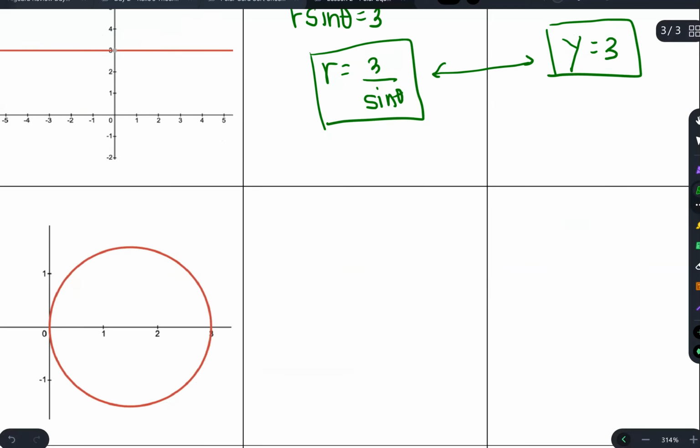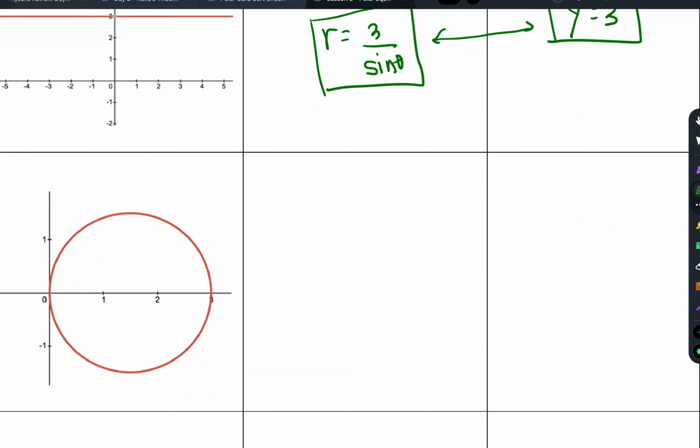Alrighty. So let's take a second and look at this one. So it looks like the center is going to be at 3/2, and a 0.